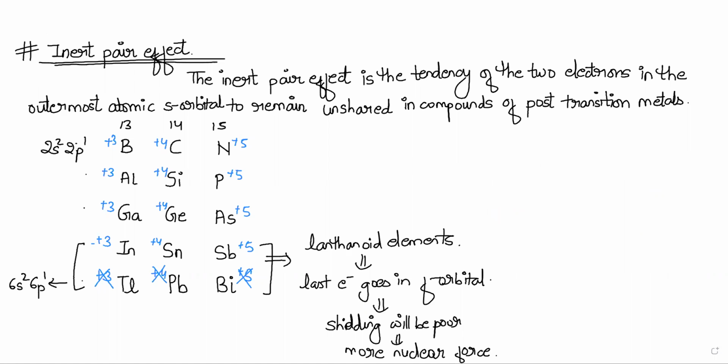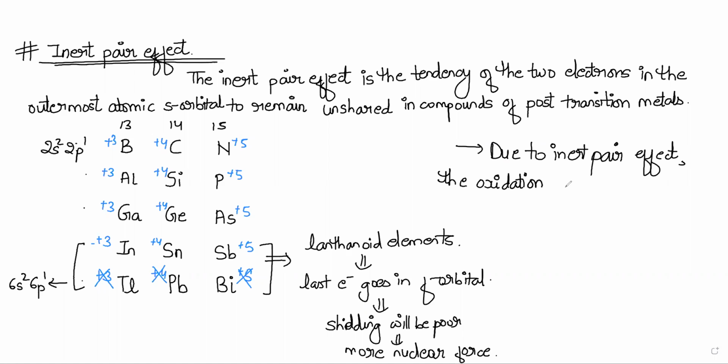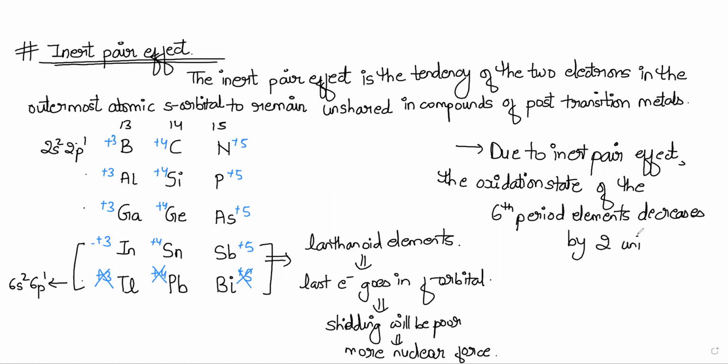So you may write it down that due to inert pair effect, the oxidation state of the sixth period element decreases by 2 units. Okay, you must remember this.